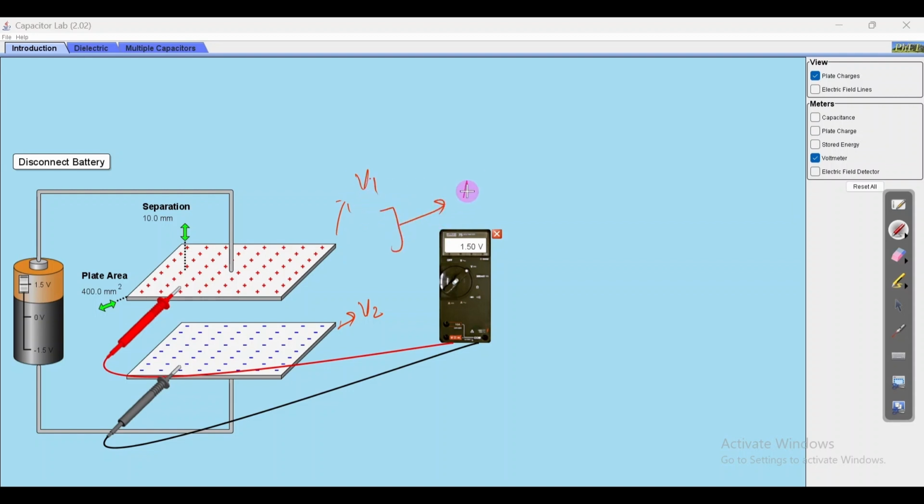V2 is the potential on the negative plate and V1 is the potential on the positive plate. Therefore, the potential difference between these two plates is given by V2 minus V1.